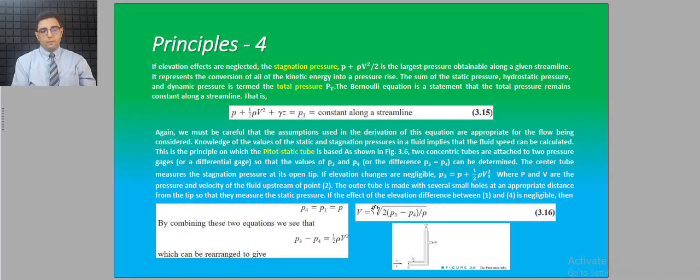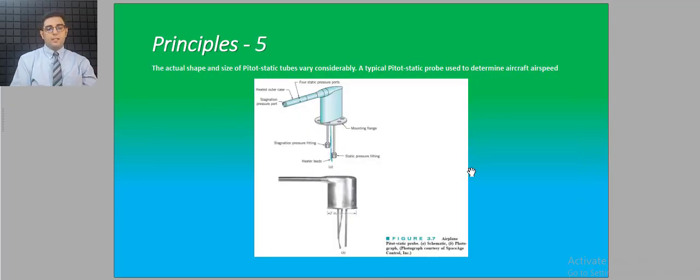So the velocity is calculated as the square root of 2 multiplied by (P3 minus P4) divided by density, which is equation 3.16. In this figure, we're going to see the structure of the pitot tube, in which we have to calculate the stagnation point, and the holes on this side are for measuring the static pressure.